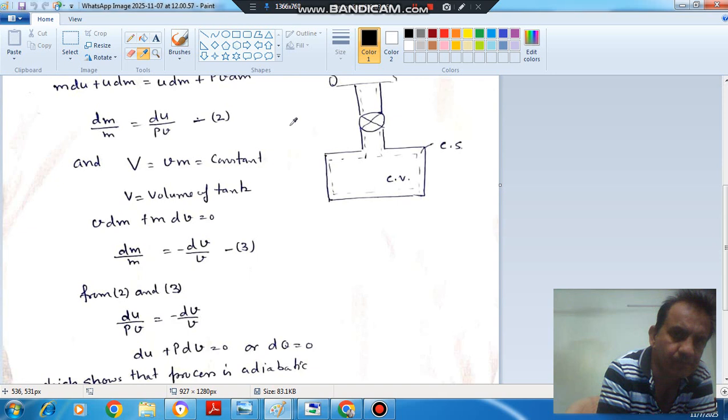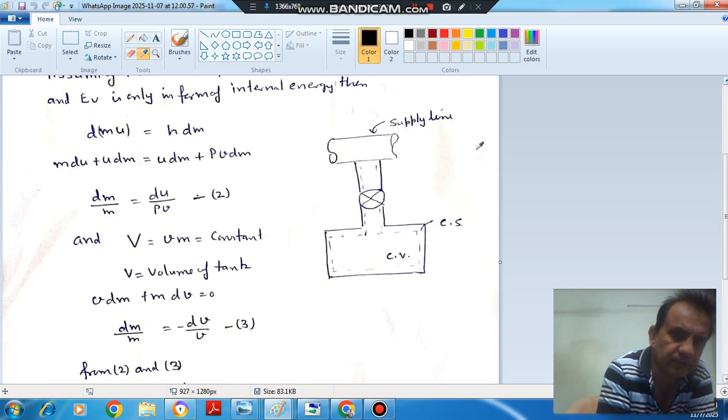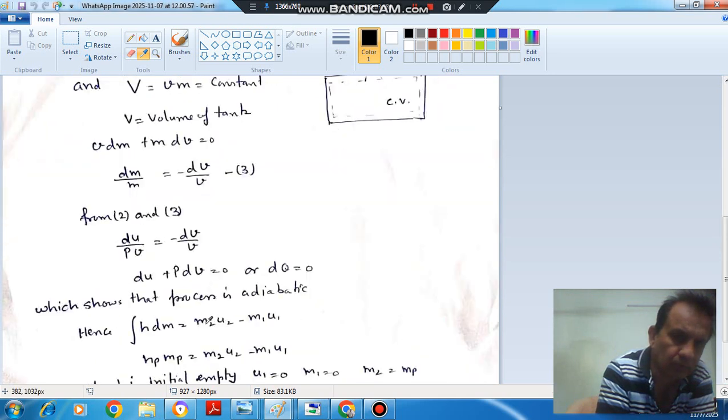So now it means hp dm is equal to d(mu). If you integrate it, it will be m2 u2 minus m1 u1, and this will be equal to hp times (m2 minus m1), because hp will remain the same.